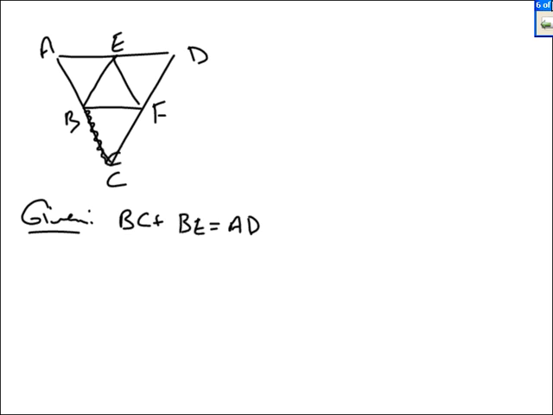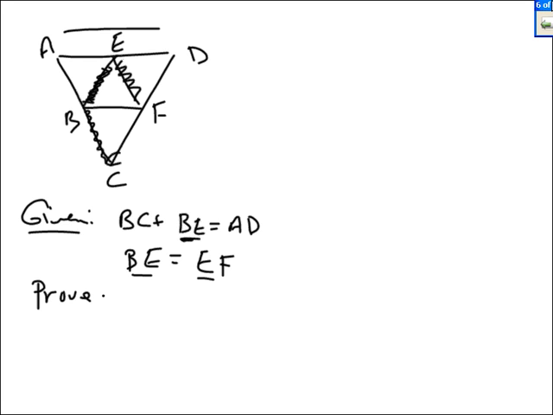BC plus BE, this is the whole top, AD. And you're also given that BE is equal to EF. BE and EF are the same. So, you want to prove, instead of BE, you can put EF.